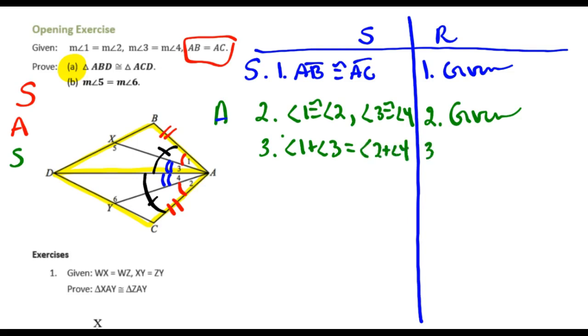And what mathematical reasoning did we use there? Addition. Okay, so I added, but now I've got to bring it together using the what postulate? Angle addition postulate. What is the name of angle 1 plus 3? Angle BAD. I need 3 letters.